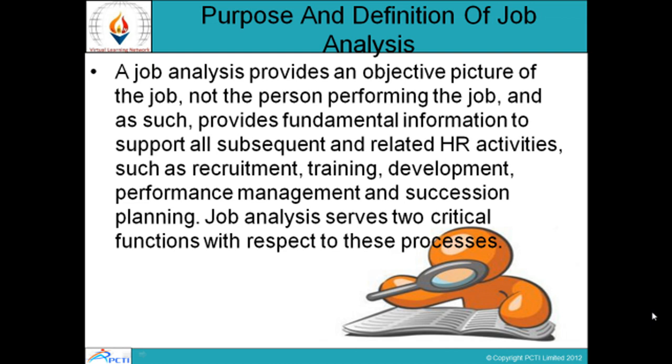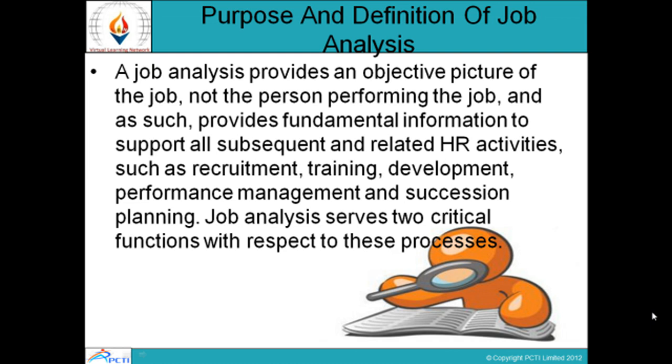This job analysis is actually a base. It gives the top management an idea of what they are looking for, what they want from that job. This person is capable of performing these activities. Does that person have that much skill, that much knowledge?